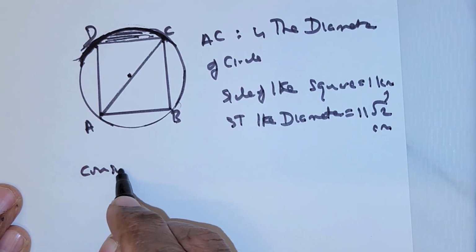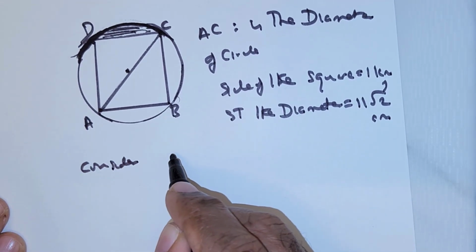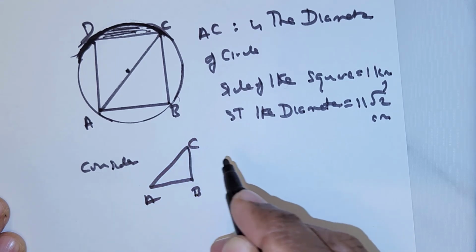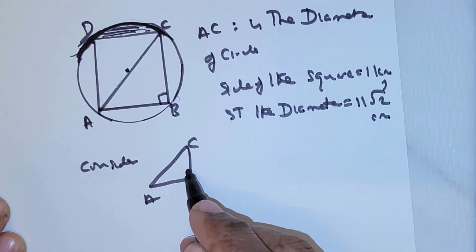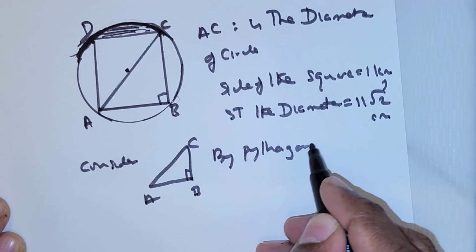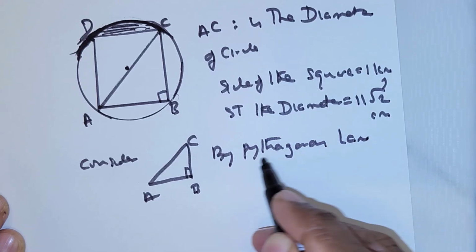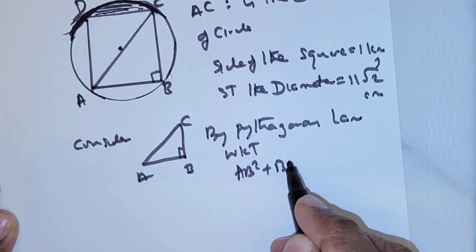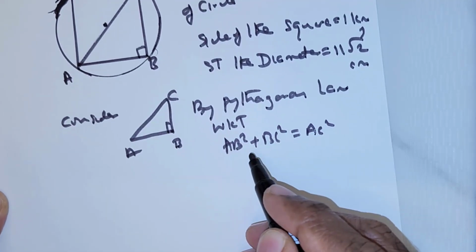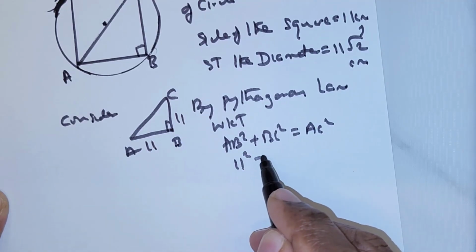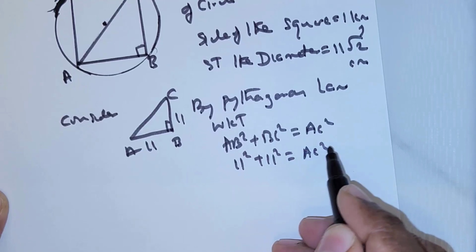Now I'm going to consider ABC. It's a square, right? So this is going to be 90 degrees. So by Pythagoras' law, we know that AB squared plus BC squared is AC squared. Side is given as 11. So 11 squared plus 11 squared is equal to AC squared.